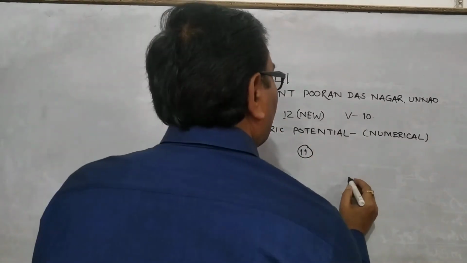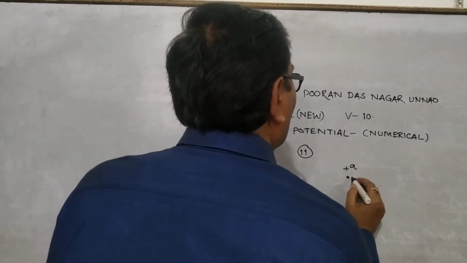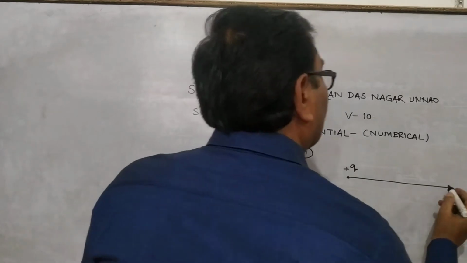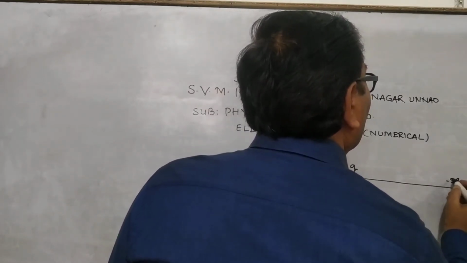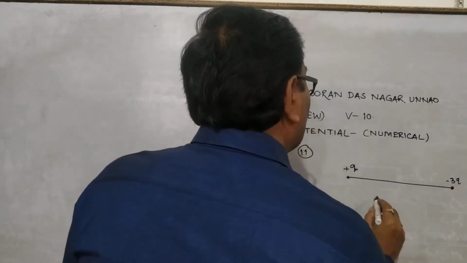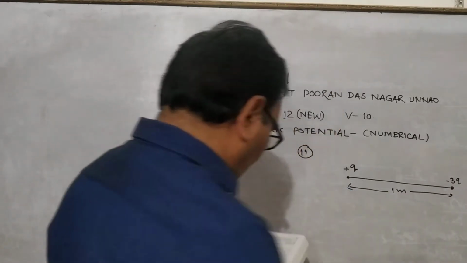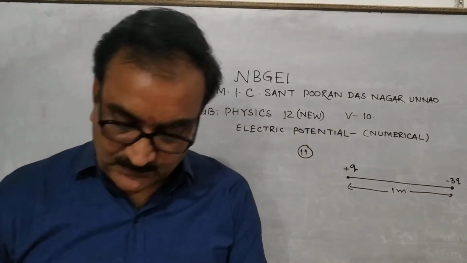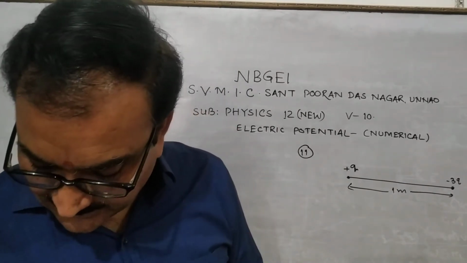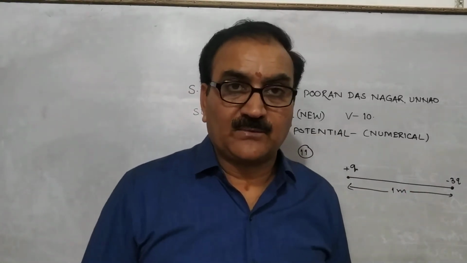According to the figure, this is the point charge plus q, and another charge minus 3q, and these charges are separated by a distance of 1 meter. You have to calculate the points on the line joining the charges where potential and electric field be zero.